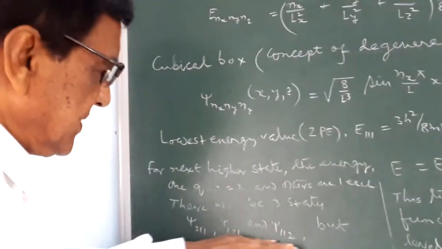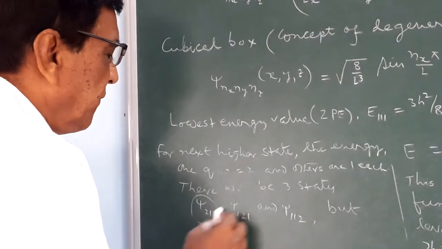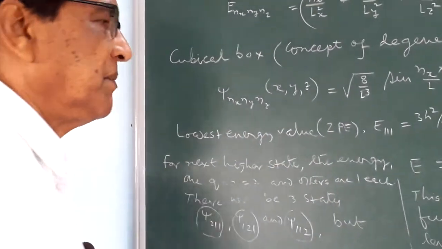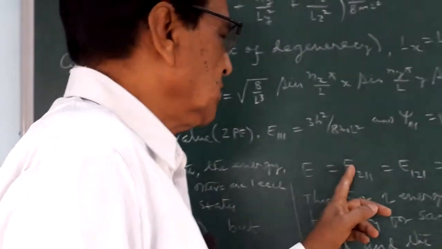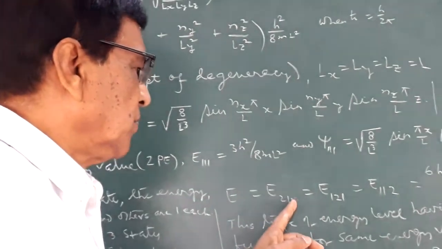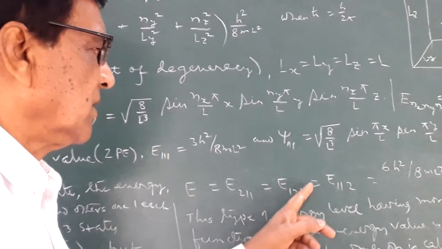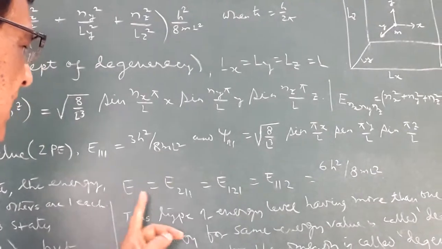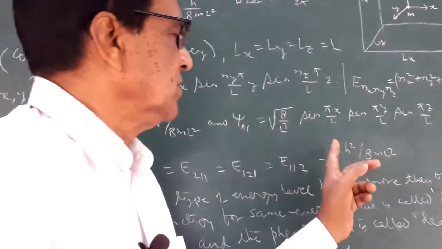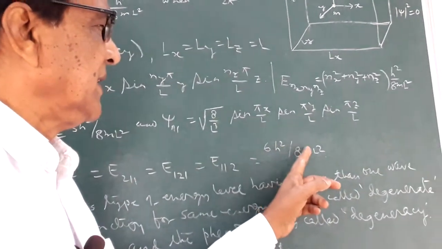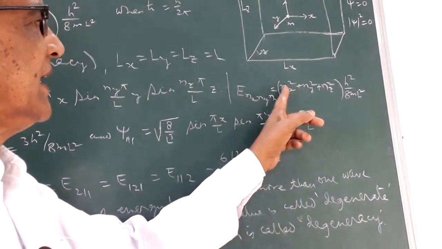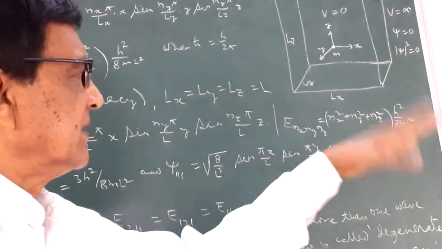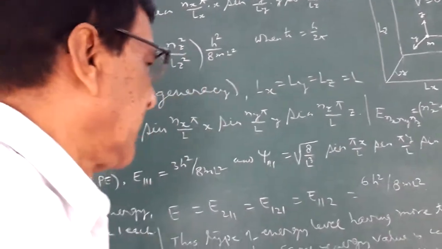But the energy of these 3 wave functions will be the same: E211 equals E121 equals E112, and this energy equals 6h² divided by 8mL², as any one of these 3 is 2 and the others are equal to 1.